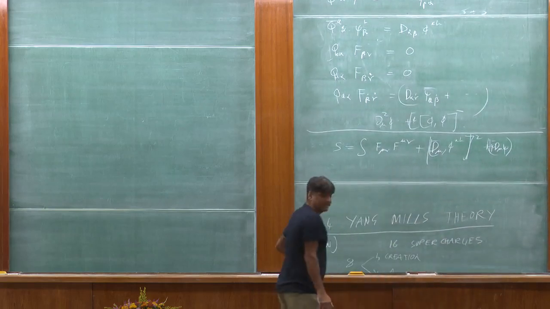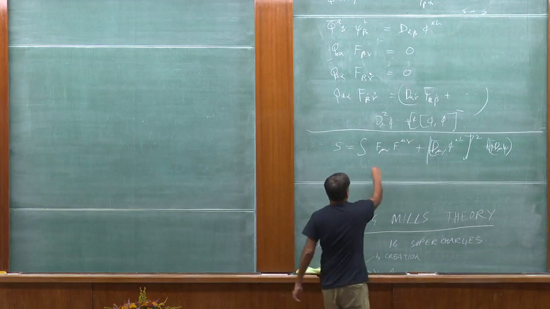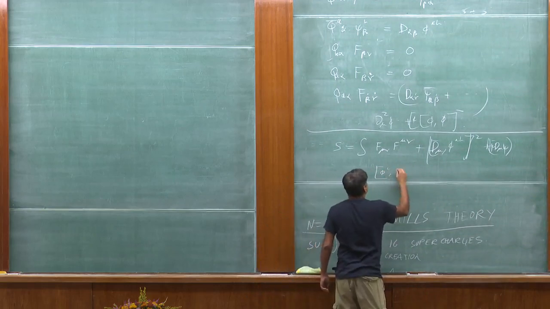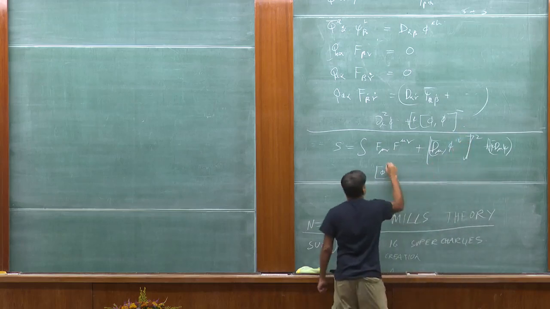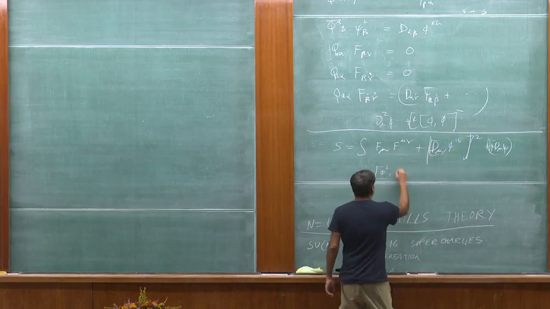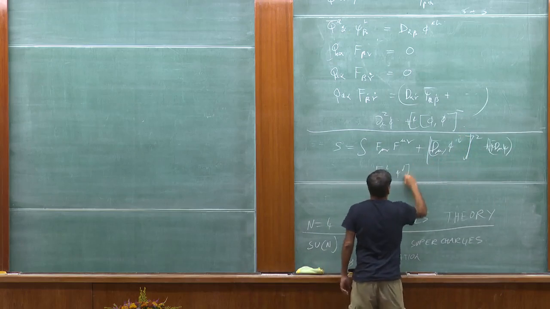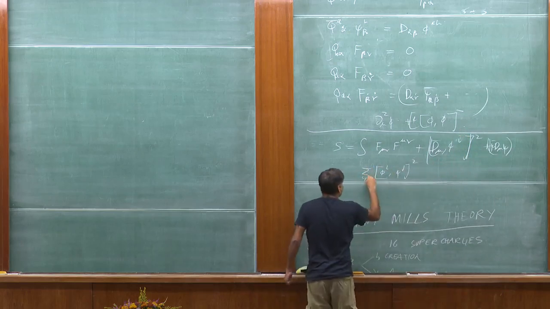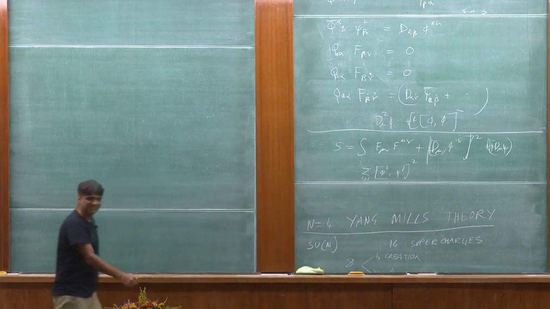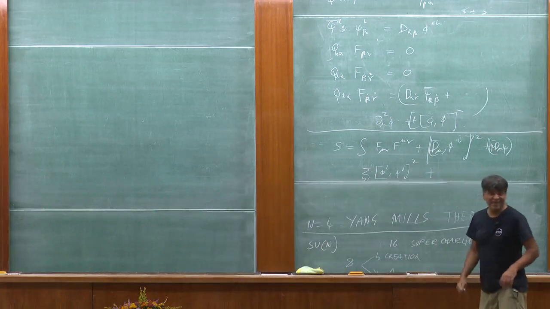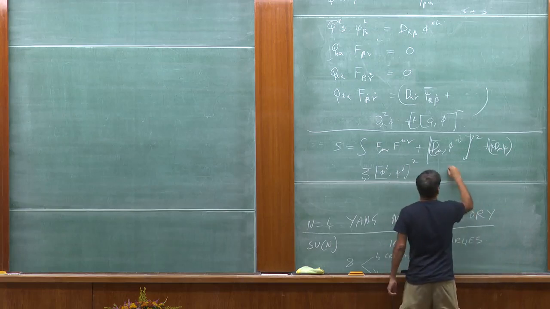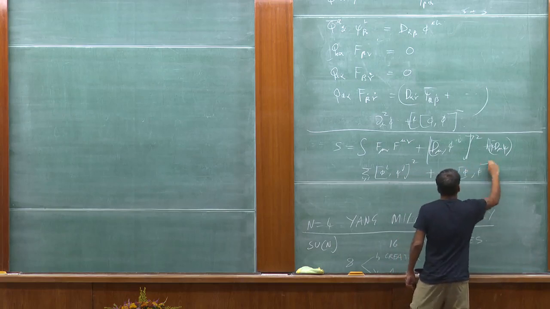The first is a potential term, which takes the form of the commutator of phi I with phi J, the whole thing squared, summed over all pairs IJ. And the second term is a sort of psi commutator phi.